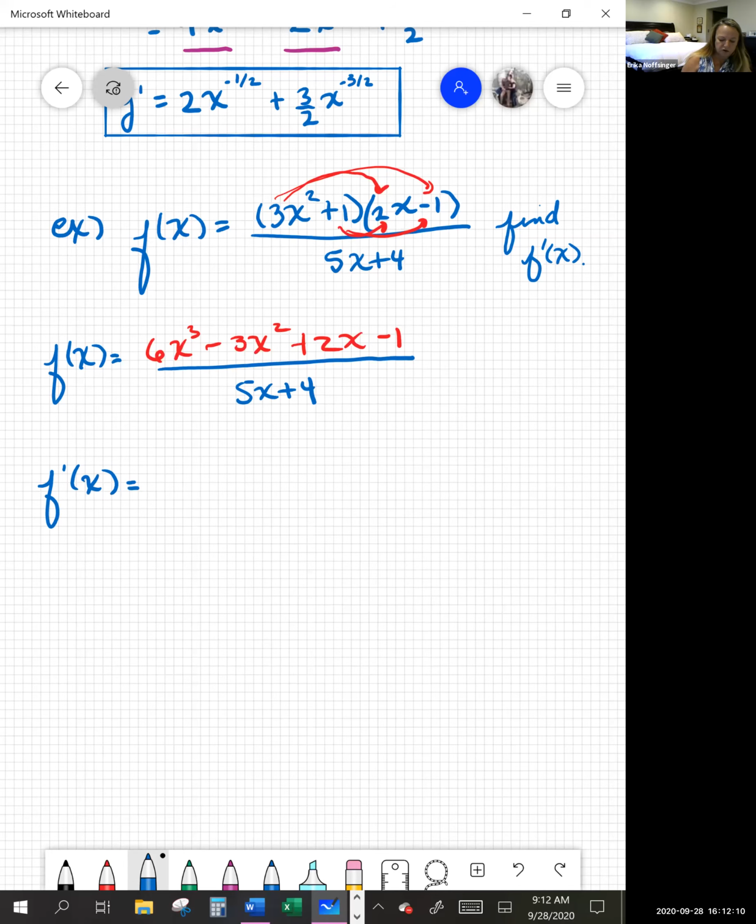So quotient rule, derivative of the top. I'm actually going to rewrite this. I'm not going to take the derivative right now, I'm just going to put in the rule.